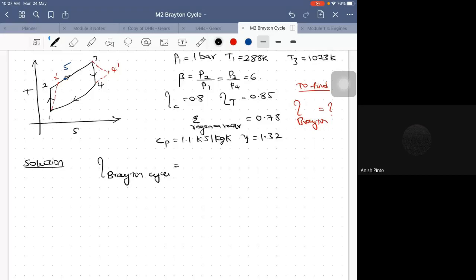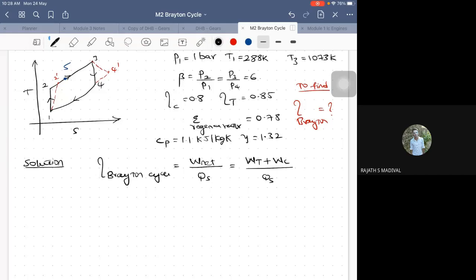Okay, so any one of these two expressions you can use. In this case, the effectiveness of the regenerator is also specified, isn't it? So that's why we will use W net divided by the heat supplied. So what is W net, by the way? It is WT plus WC, divided by heat supplied.